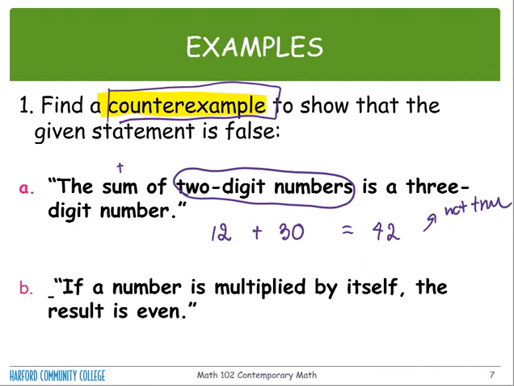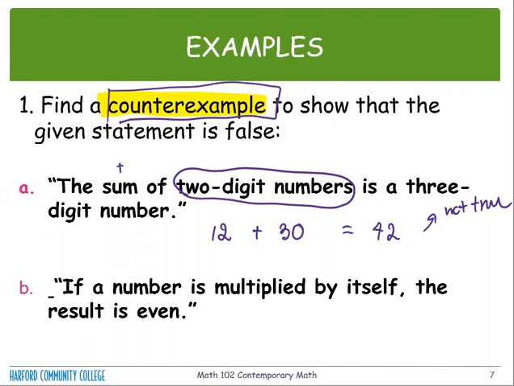Another example: if a number is multiplied by itself, so you can pick any number, then the result is even. Even is like the easy numbers you can recall, like 2, 4, 6, the numbers divisible by 2, or the multiples of 2.